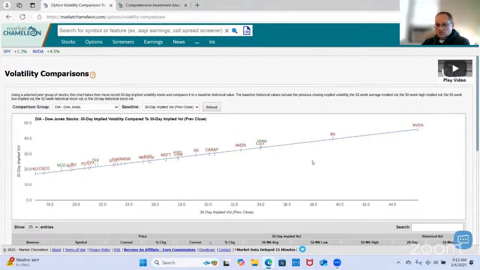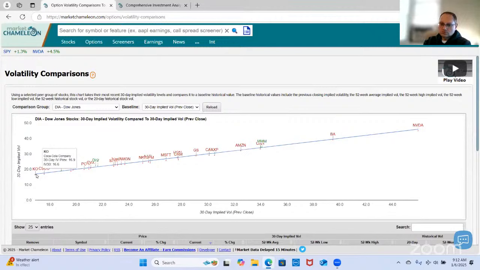Another thing we see is the relative implied volatilities versus each other. What is the stock with the highest implied volatility? Well, here we see NVIDIA. That's the highest implied volatility in this group of stocks. What is the stock with the lowest implied volatility? That's over here, I think. What is that?